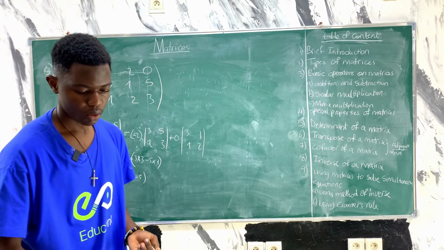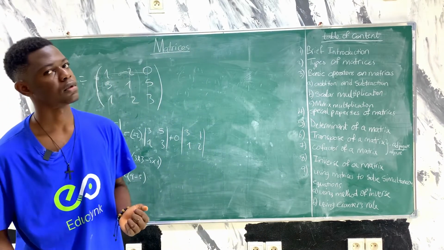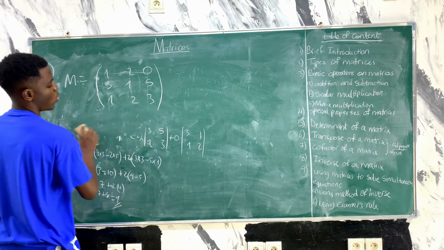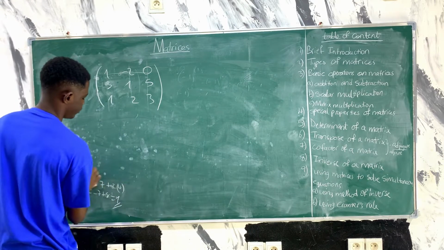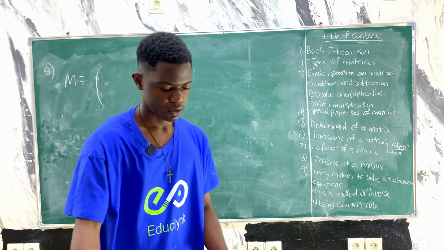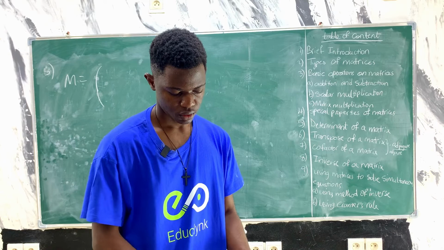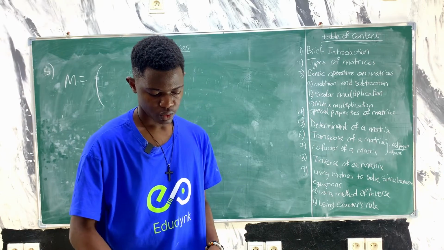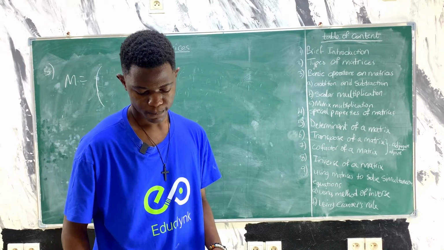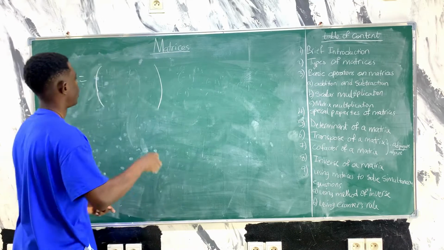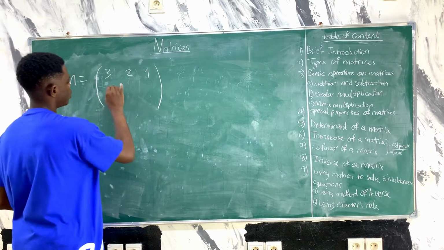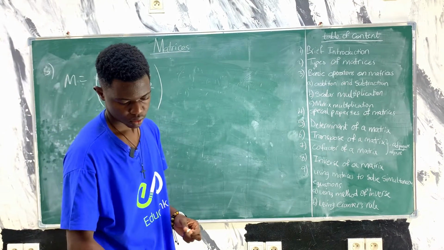Determinant. We are going to take another example, finding the determinant. So let's consider an example: 3, 2, 1; 1, 3, 2; 4, 1, 3.